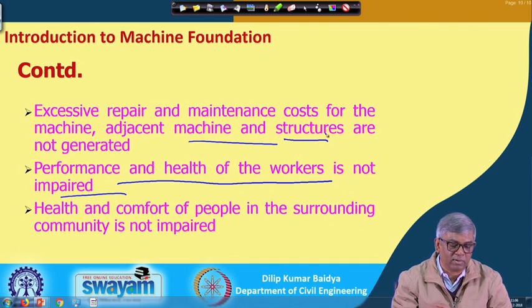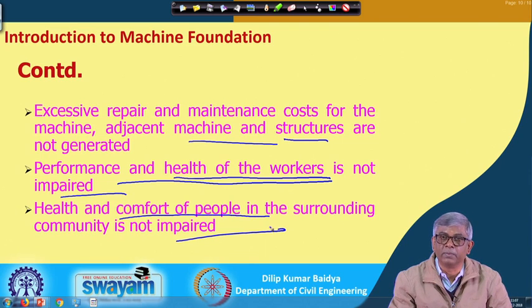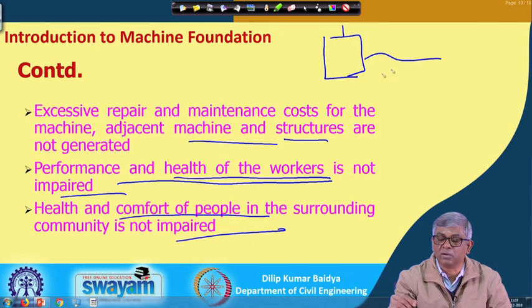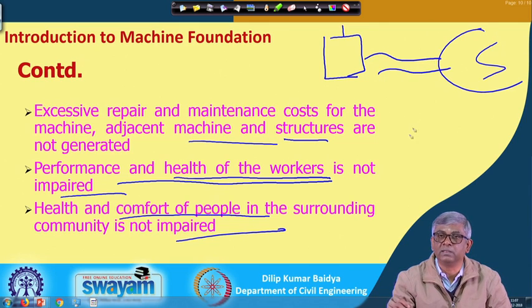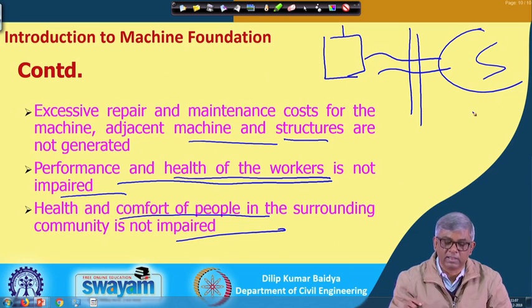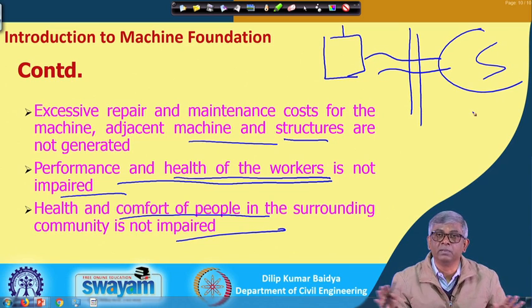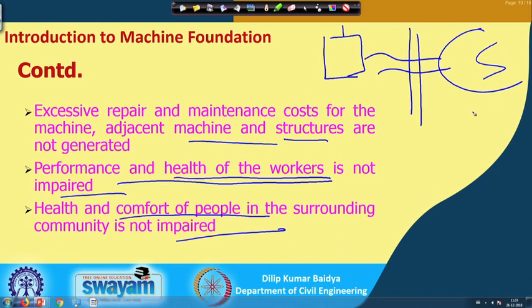So, that is another requirement. Performance and health of the worker should not be impaired, and also the health and comfort of the surrounding people. Suppose there is a huge forging hammer and that creates a lot of vibration, it goes to surrounding places. So, that also has to be handled properly, so that the health and comfort of the people in the surrounding area also should not be impaired.